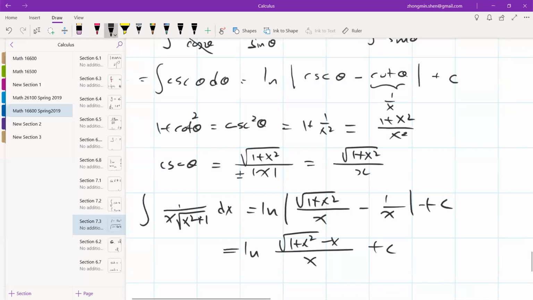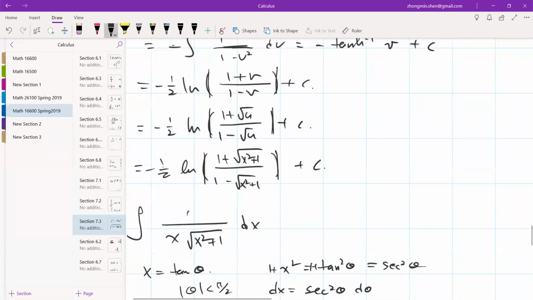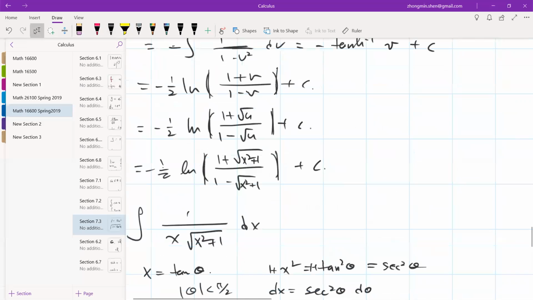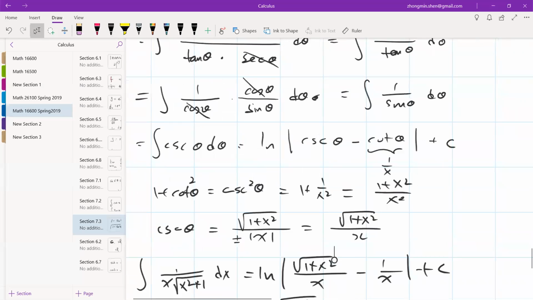Now compare with the one we already got. There's some difference. Why is this different from that? Well, you can modify this, rationalize the denominator. So you are able to get the same answer without any problem. So you should get the same answers.